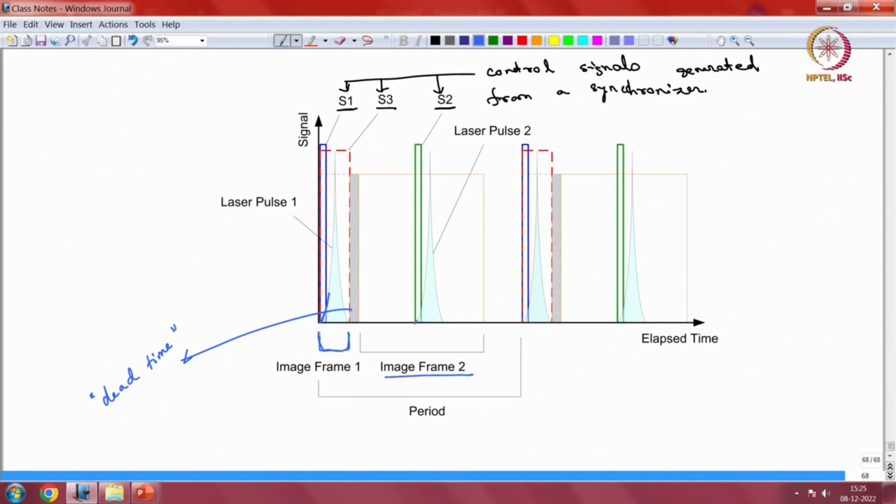So this is the second laser pulse that has been emitted, and the camera takes one more image during this. And so this becomes one full period, and this keeps on repeating again and again, as long as you need to keep on taking images. And you can see that these two need not be of the same duration.